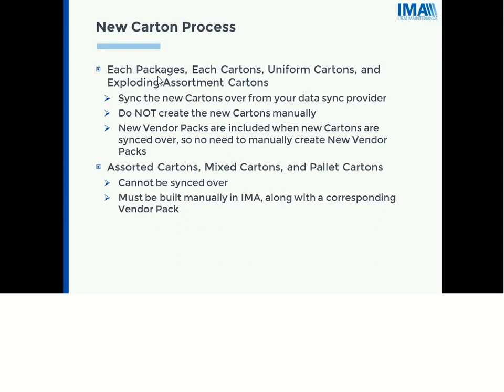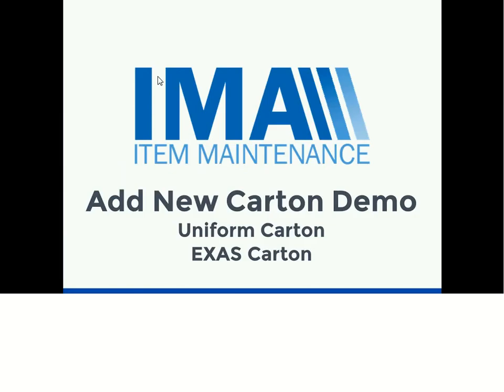Or you may encounter the instance where there's an issue with your data sync provider and they're having trouble getting items synced over to the retailers, and you really have to get an item set up fast, and you do have to create it manually. That would be kind of an exception to the rule, but I did still want to walk through how to do that because it's a bit more involved than just using the new item grid setup. So I am going to show you how to manually create a new uniform carton and a new exploding assortment carton.